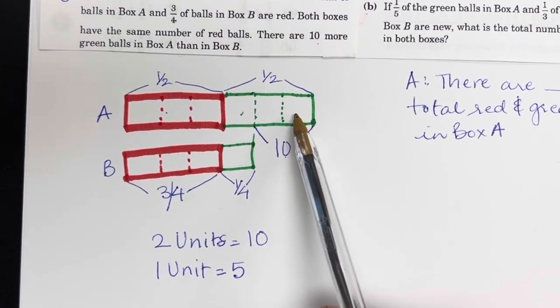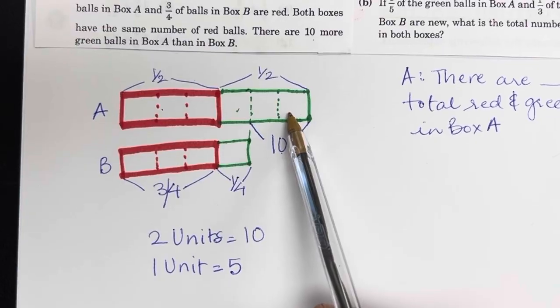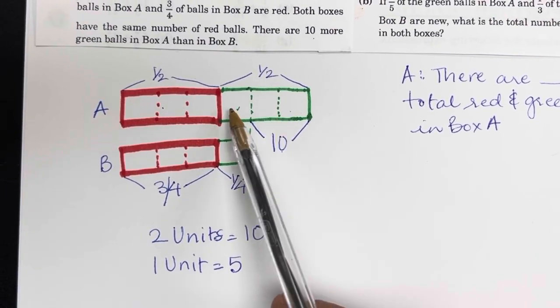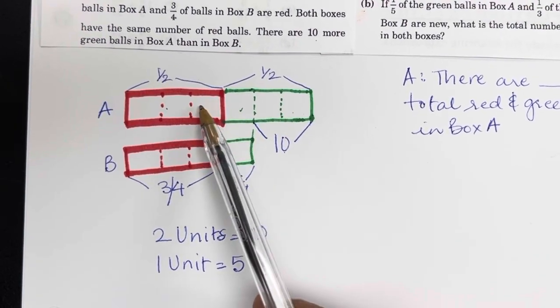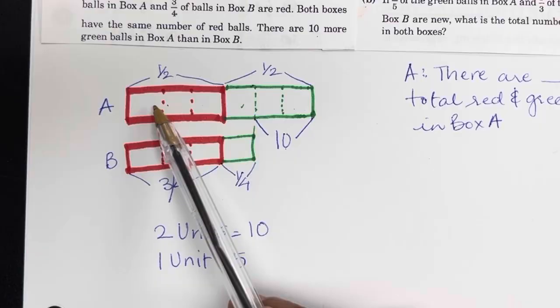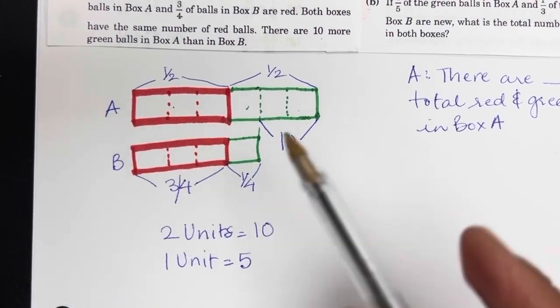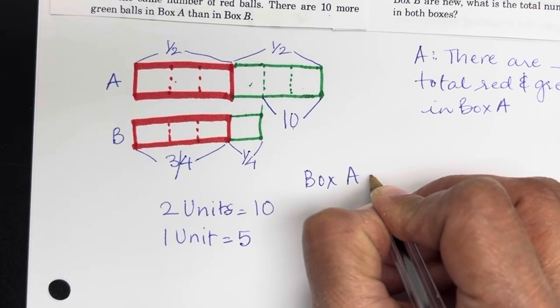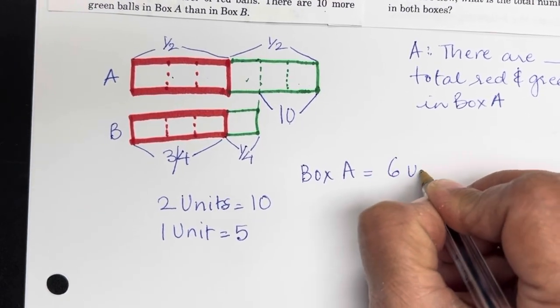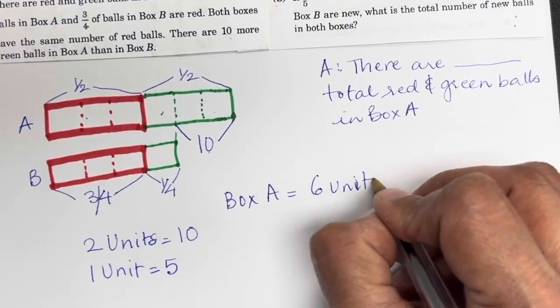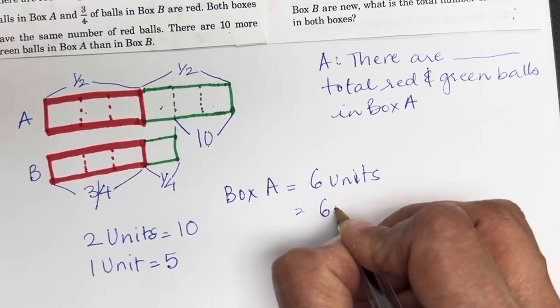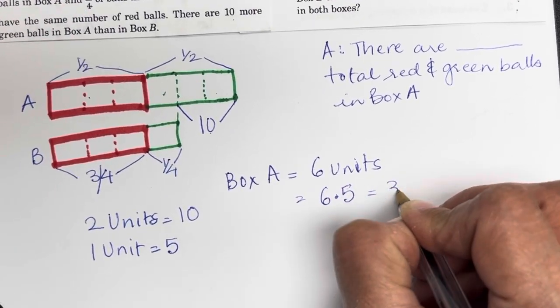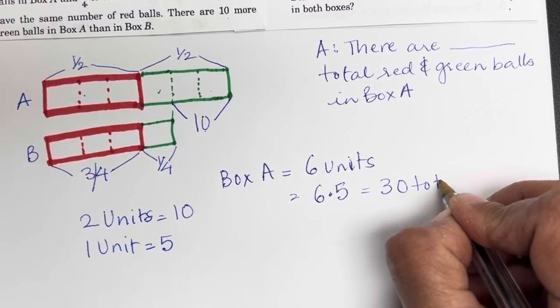So for that we need to figure out how many units are there in box A. I can clearly see I have 1, 2, 3 green, and 4, 5, and 6. Total of 6 units, 3 greens and 3 reds. So box A has 6 units, which is equal to 6 multiplied by 5 equals 30 total balls.